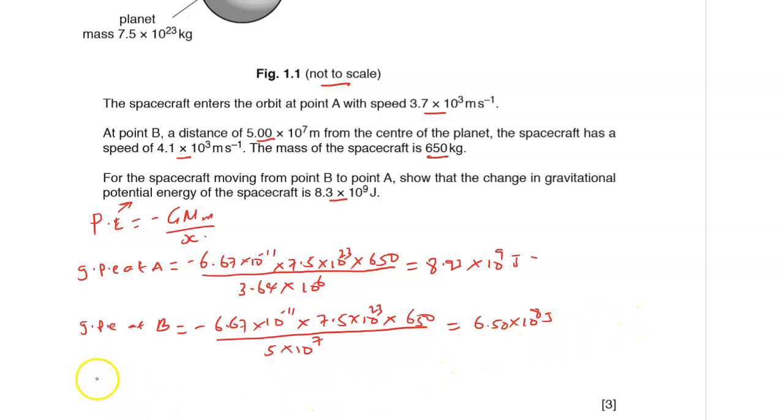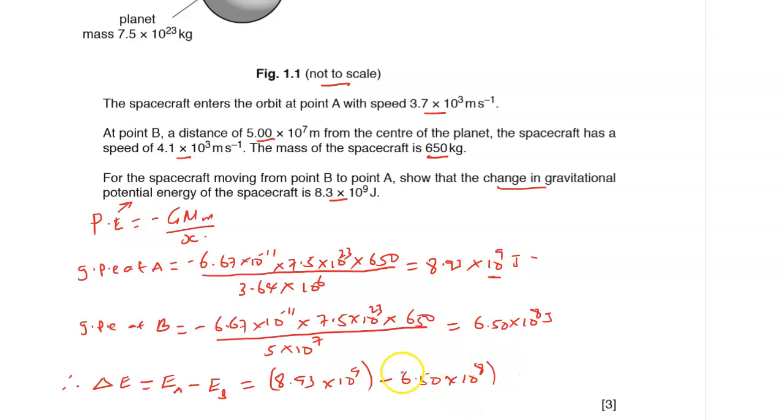Therefore, the change in energy that we are supposed to find, show that the change in gravitational potential energy, the change in energy, is energy at A, which is greater, you can see, minus energy at B. Therefore, the change will be 8.93 times 10 raised to power 9, take away this 6.50 times 10 raised to the power 8.